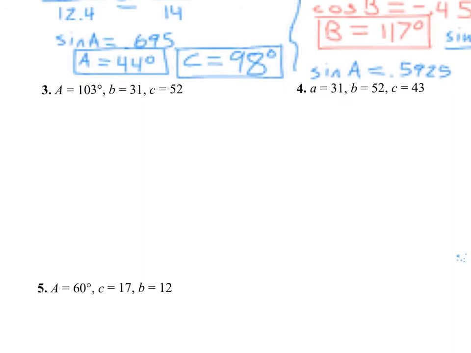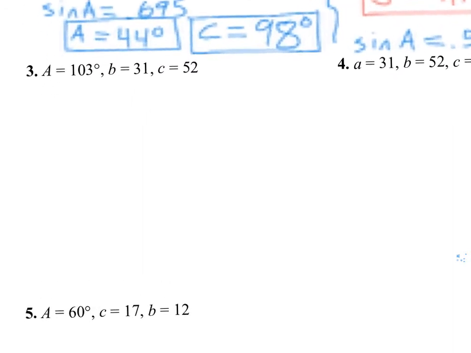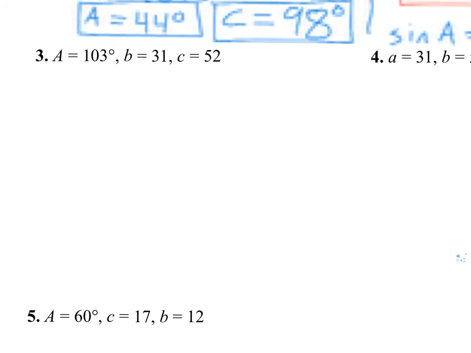Number 3 looks like another SAS problem. So we're given side B and side C, but not side A, so we're going to use the A squared formula.